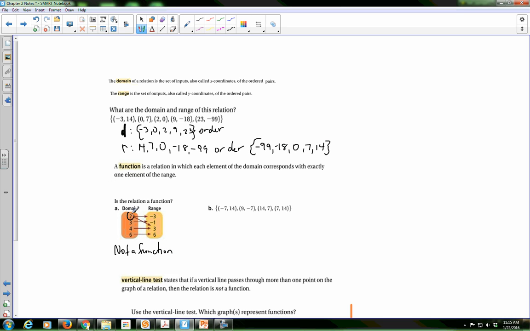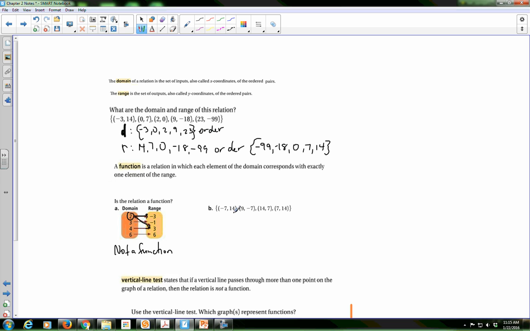Now, 2 can be negative 3 and 3 can be negative 3. It's okay to get the same outputs with 2 different inputs, but the vice versa cannot be true.